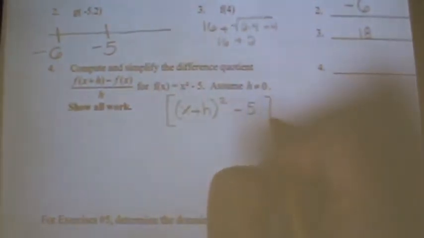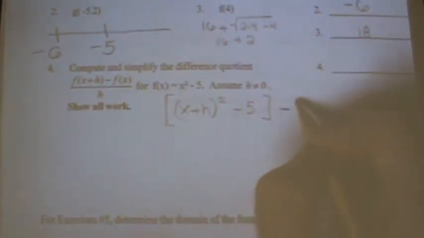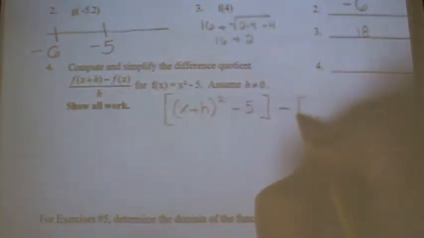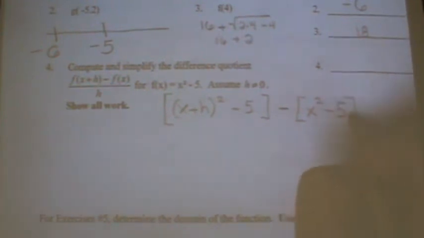So you're going to take this, and then you're going to minus f of x, which is going to be that, and divide this whole thing by h. So you would simplify this. And the good thing is this is not on your exam. Good news.